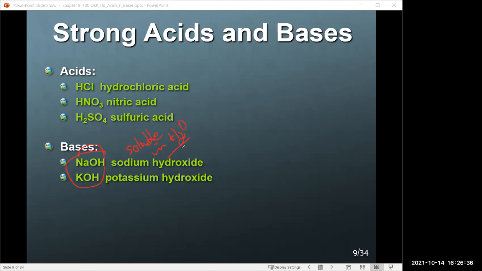And in the periodic table on the bottom right side, there is a table that we're going to go over, and that is called solubility rules. Okay, and when molecules are classified as soluble, they dissociate 100%. They're very strong electrolytes because they dissociate so much.